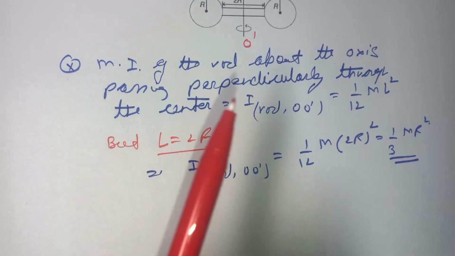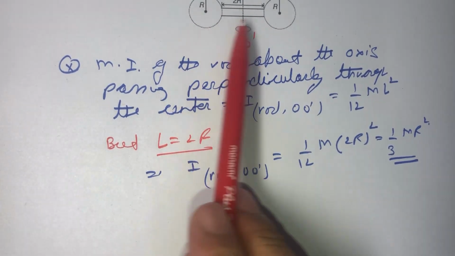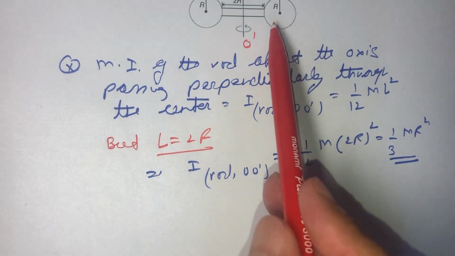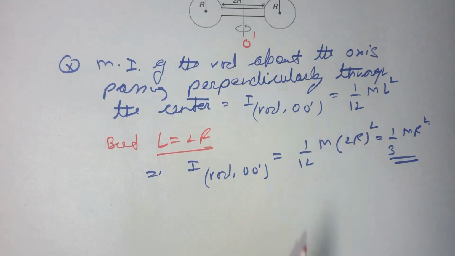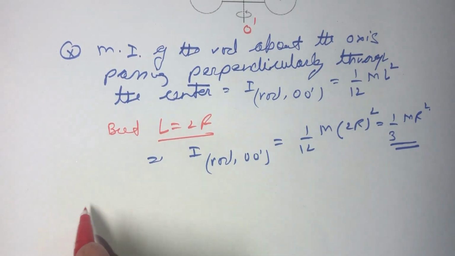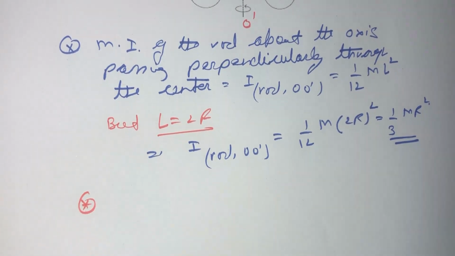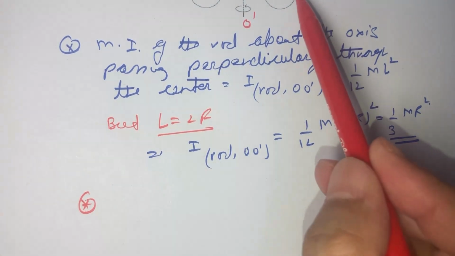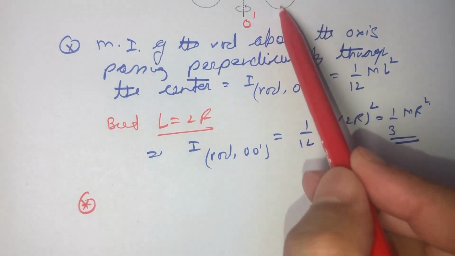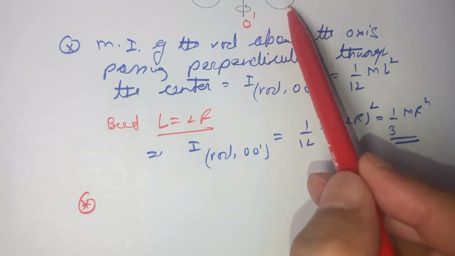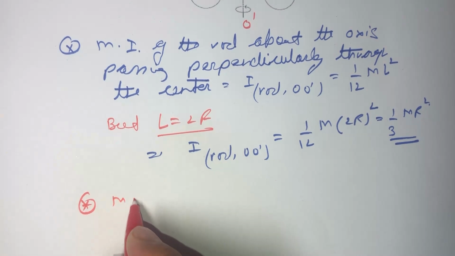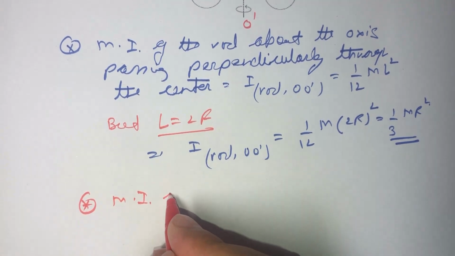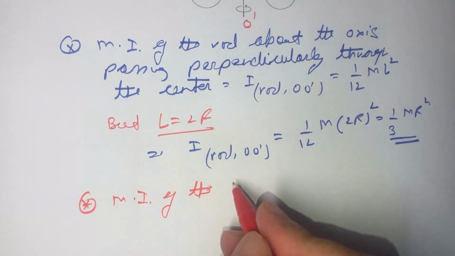Now we are going to find out the moment of inertia of the spherical balls which are stuck at the end of the rod. So as it is symmetrical, we are going to find out only for one sphere and multiply it by 2, and we are going to get the answer then. So first of all, let's find out the moment of inertia of the spherical ball about its own center.